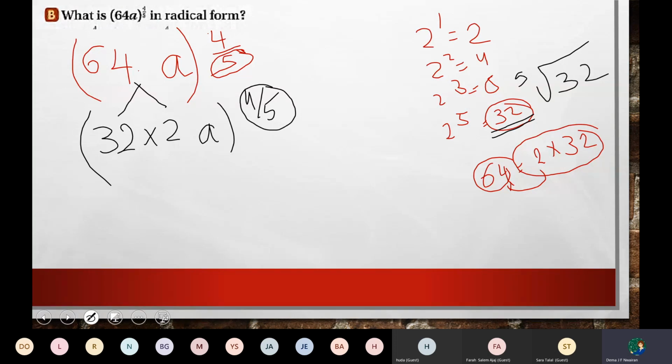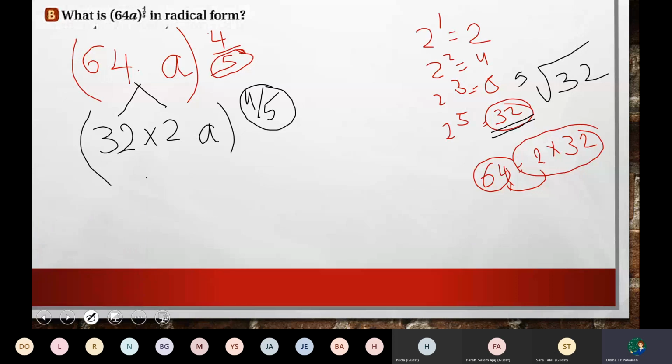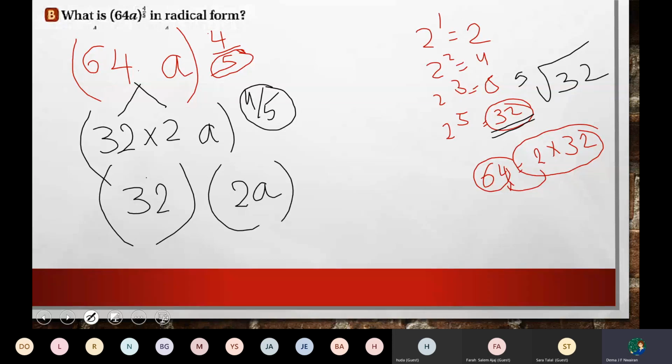Then let's distribute the power 4 over 5 on the product of these two numbers. I can write it as 32 and 2a. Then I will raise 32 to the power 4 over 5, and I will raise 2a to the power 4 over 5.